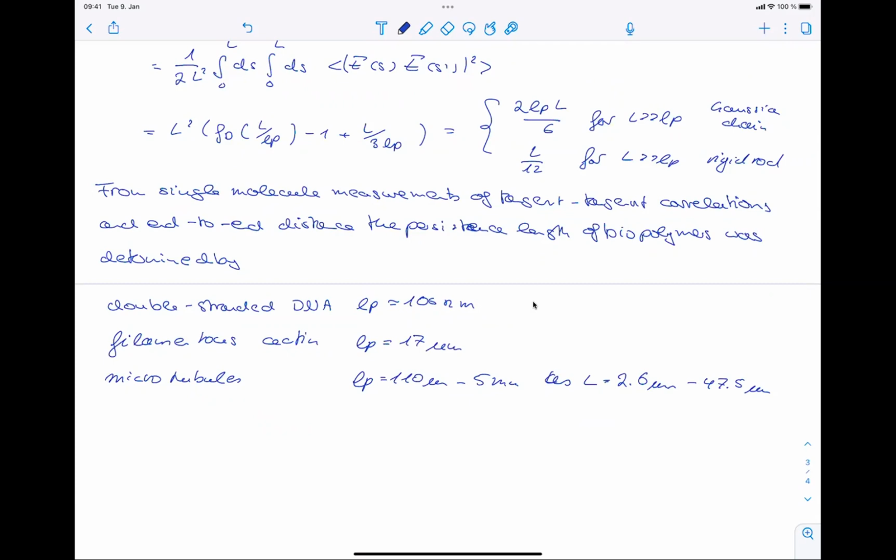So if I'm interested in a process that considers an entire real DNA that's encoding our entire genome, the length is way, way bigger than this persistence length. So everything considering just a pure flexible Gaussian chain model is perfectly accurate.